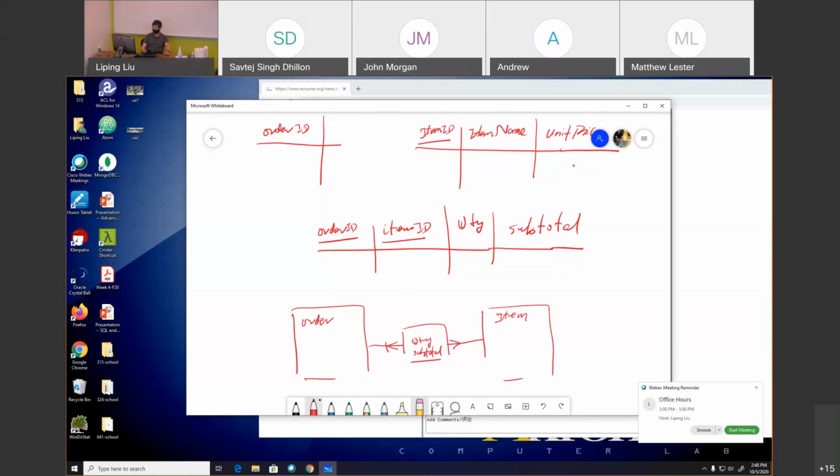And then, of course, orders in this case just have order ID. And then item has item ID, item name, and the unit price.